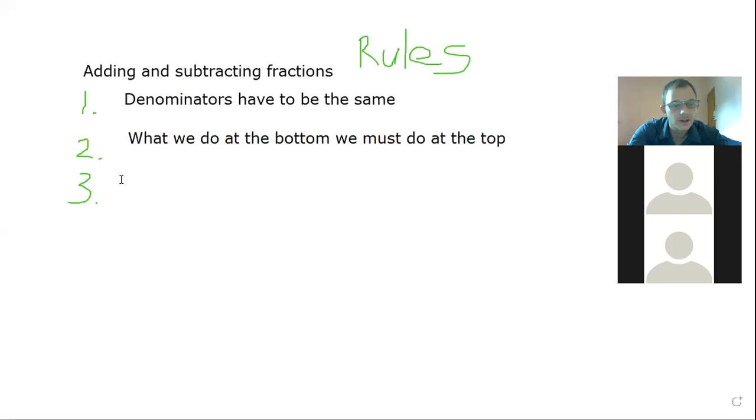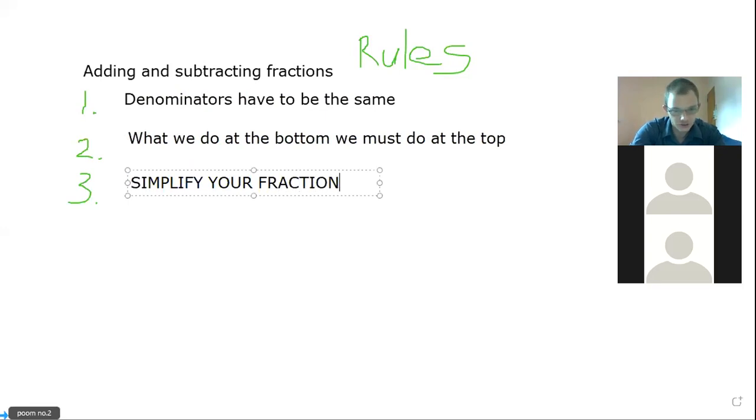And the last one, the most important one: simplify your fractions. Simplify your fractions for extra marks in the tests. This is for adding and subtracting fractions.